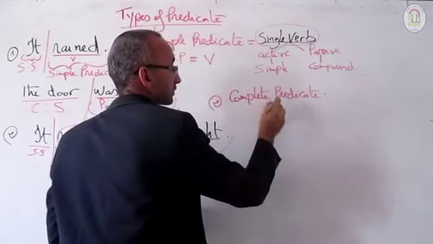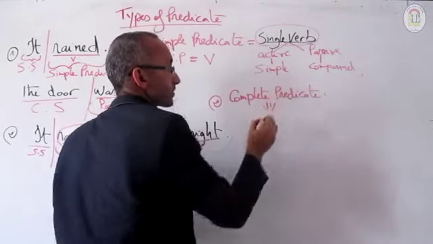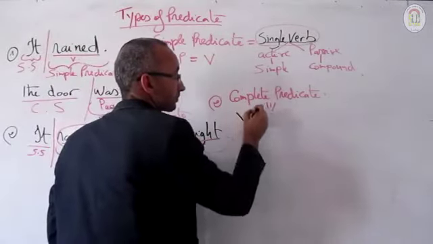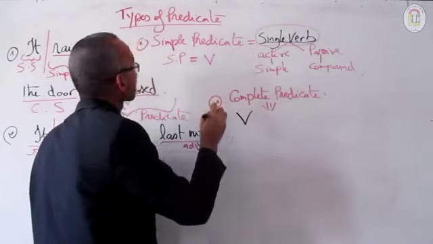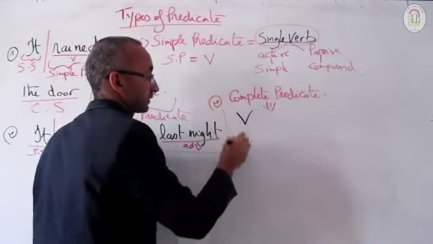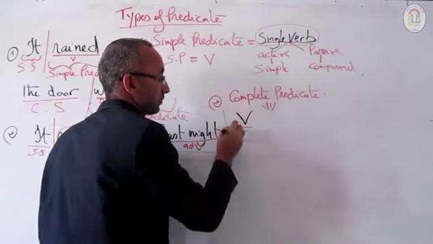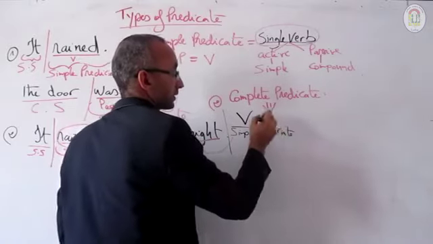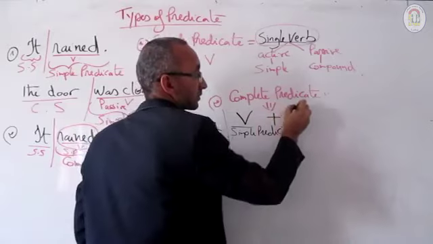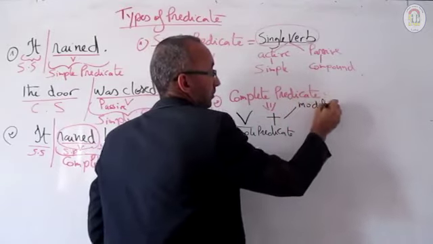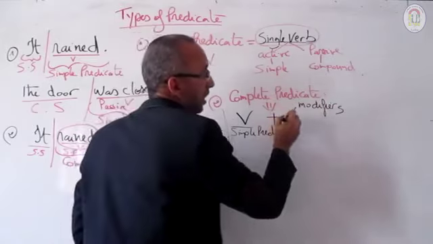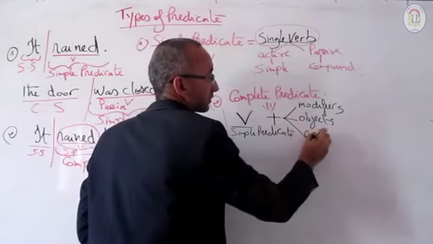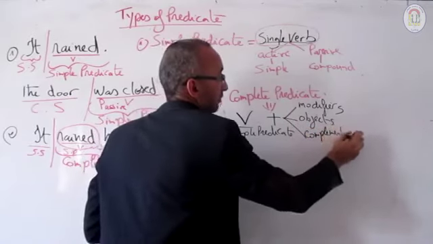This one equals, so it equals what? A verb, or what we call here simple predicate, clear, plus modifiers or plus objects or plus complements.